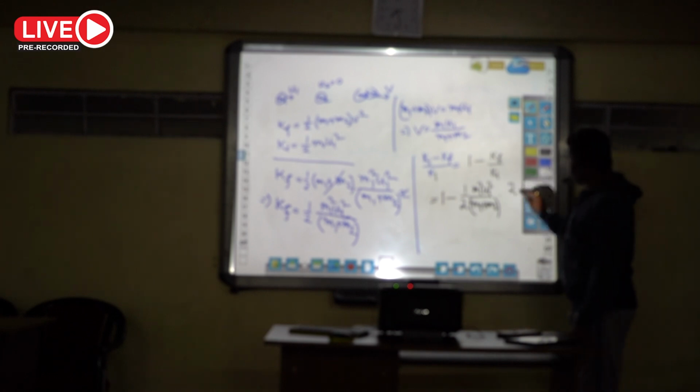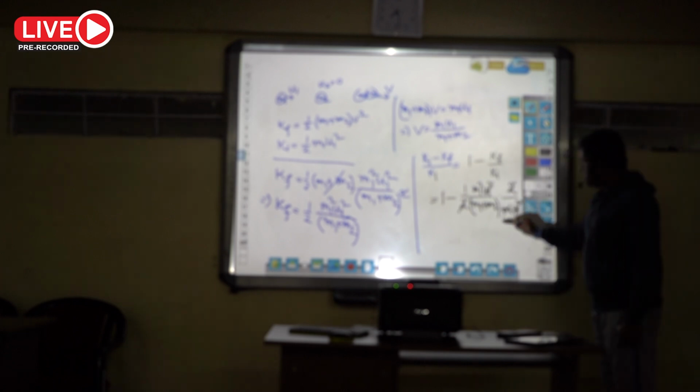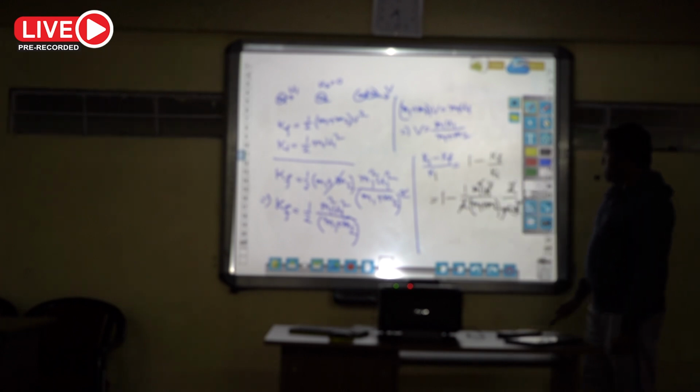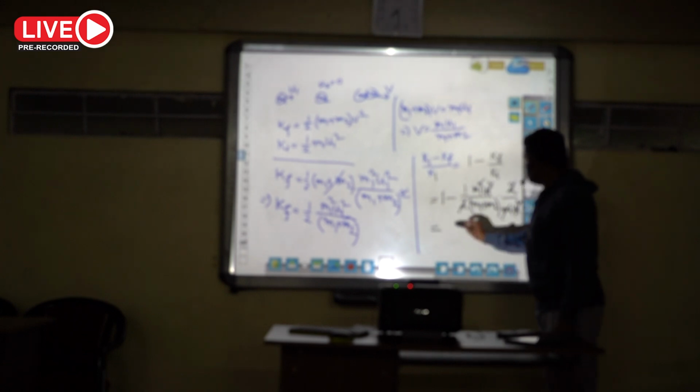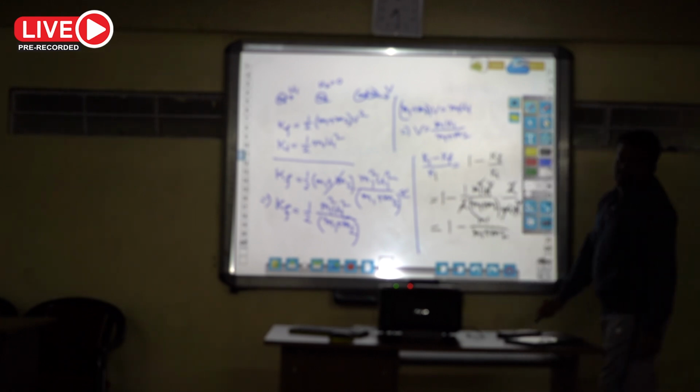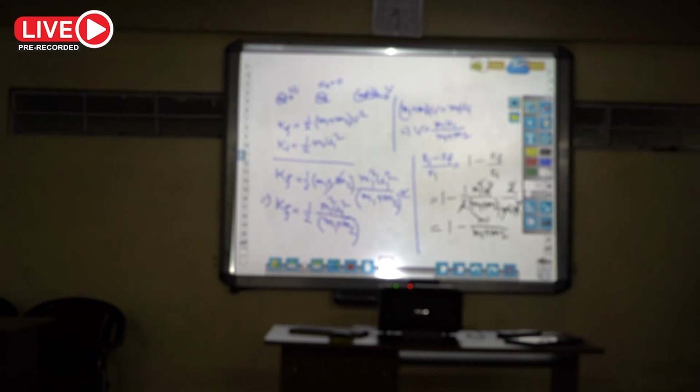So half means there is 2, and one m1 will cancel, and it will be coming 1 minus m1 by m1 plus m2. This loss is coming 1 minus m1 by m1 plus m2.